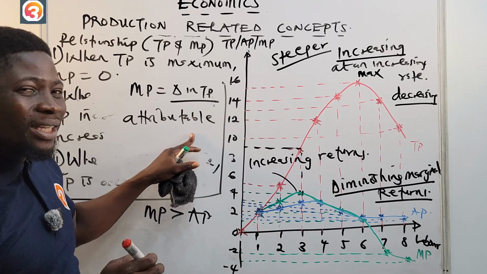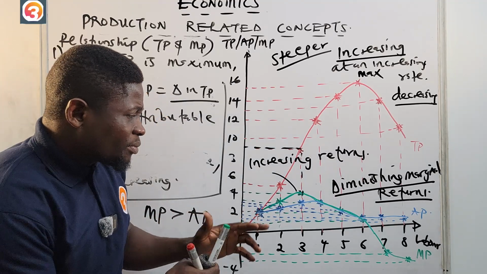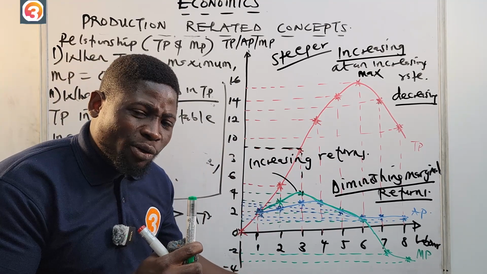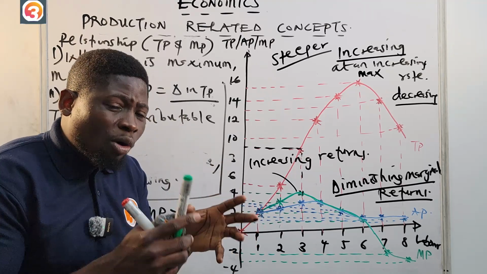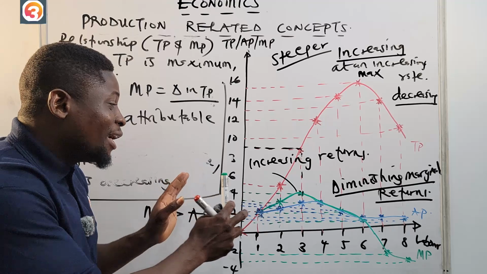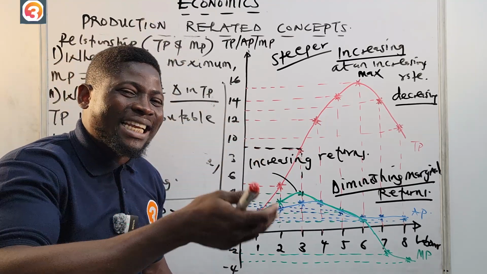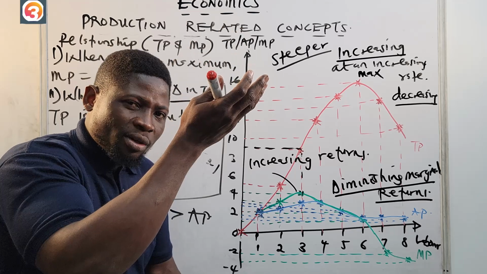That is what we call MP. This means that if the last worker hired is producing more than the average that the workers already working before were producing, it will pull up the average. The average will increase.